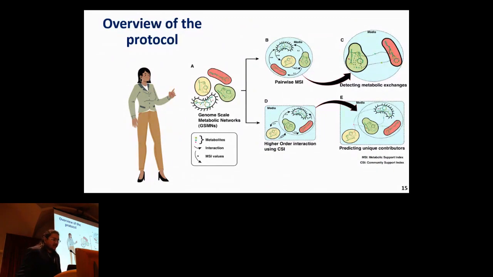We had metabolic networks, from which we predicted metabolic dependencies using the scores called MSI and CSI, then predicted possible metabolic exchanges, and also looked at unique contributors present in the community. So this is the whole protocol.